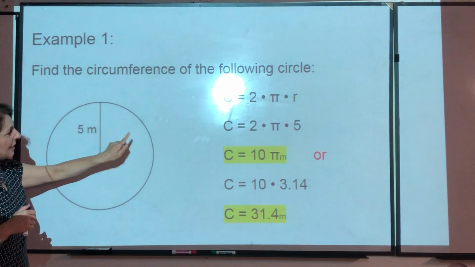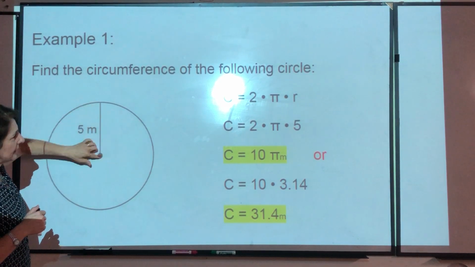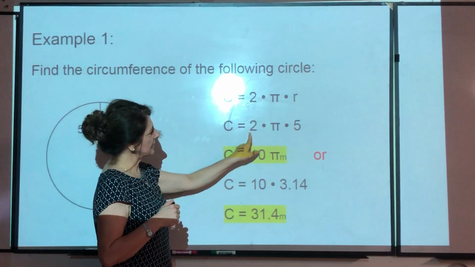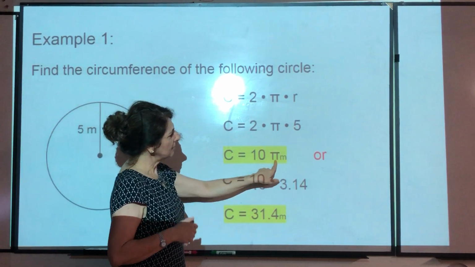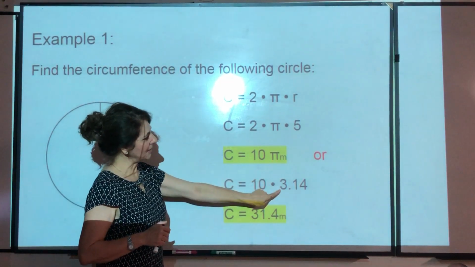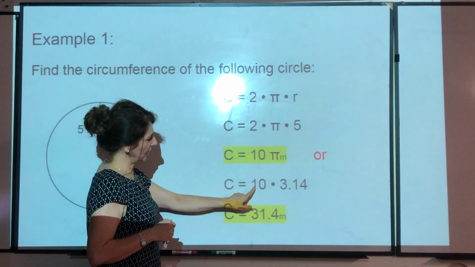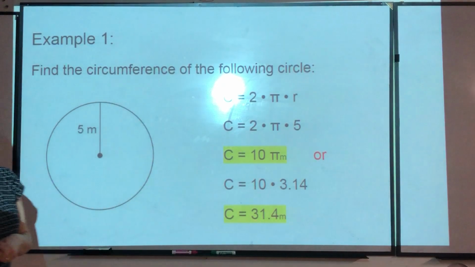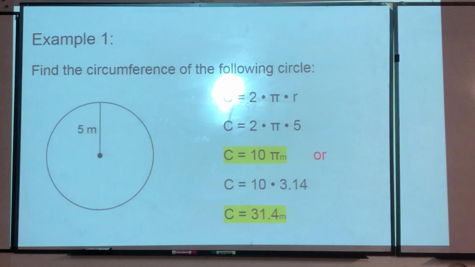See? 2 times pi times the radius. 2 pi r. 2 times pi times 5, which is, 2 times 5 is 10 pi. Or we can substitute pi by 3.14. And then we have what? 10 times 3.14, circumference 31.4 meters.